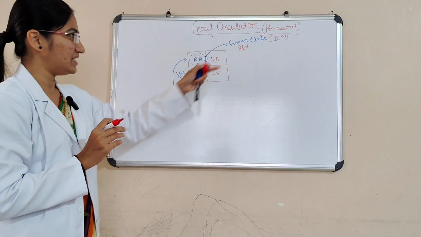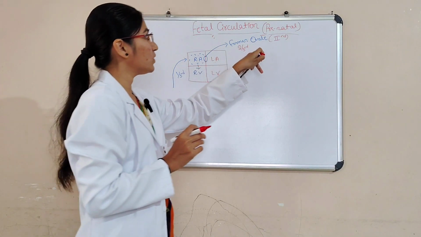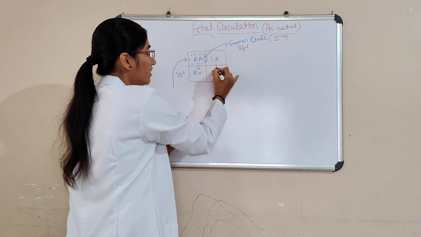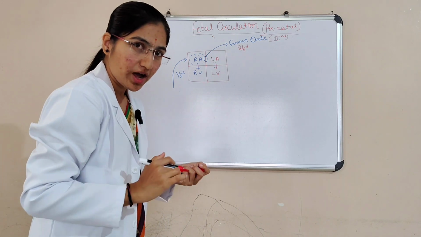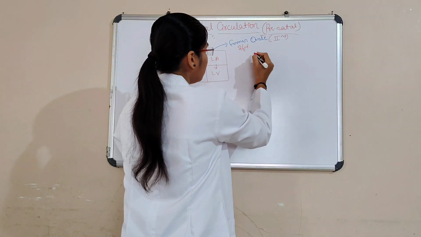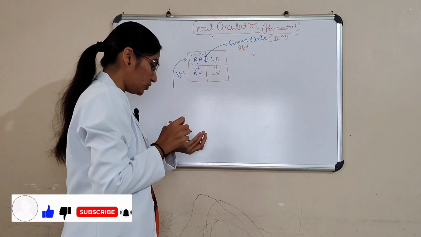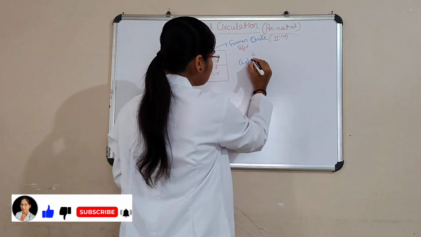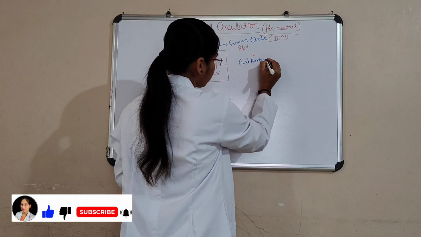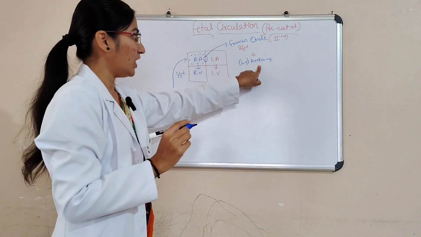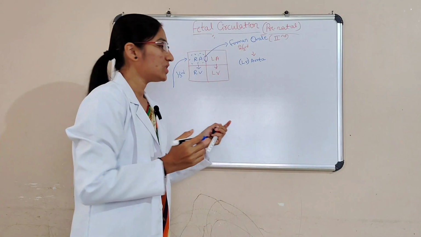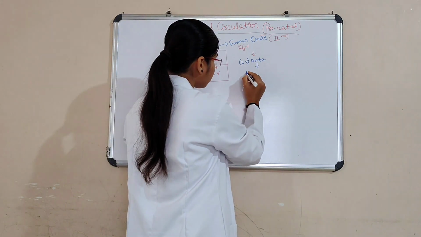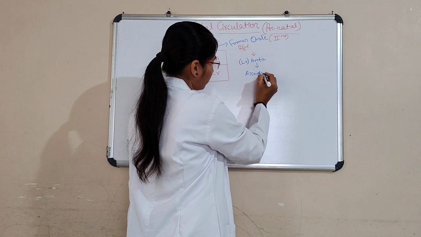And then what happens here? After 2/3 of the blood goes to the left atrium, from the left atrium it goes to the left ventricle, then the aorta. Here the aorta: this one is the ascending aorta.